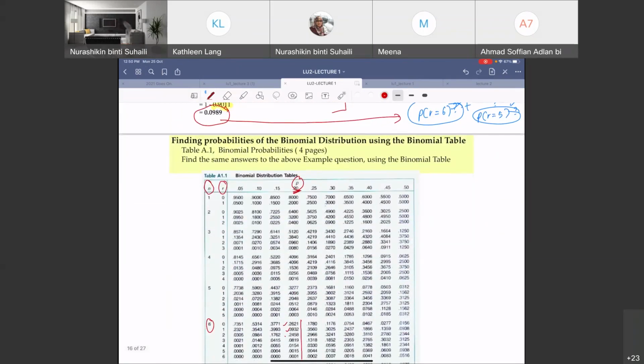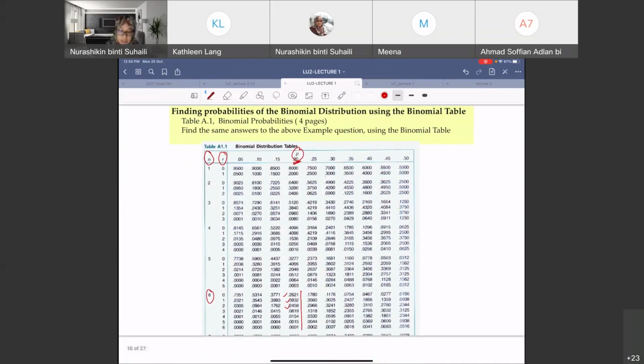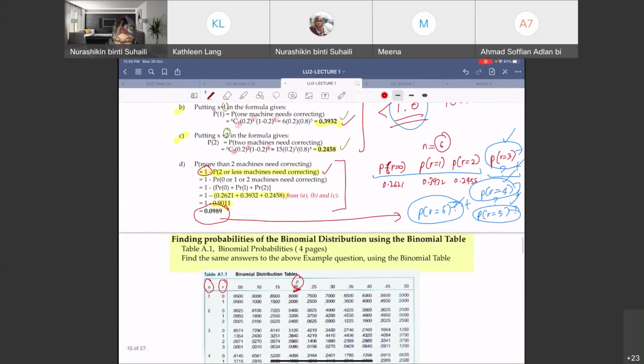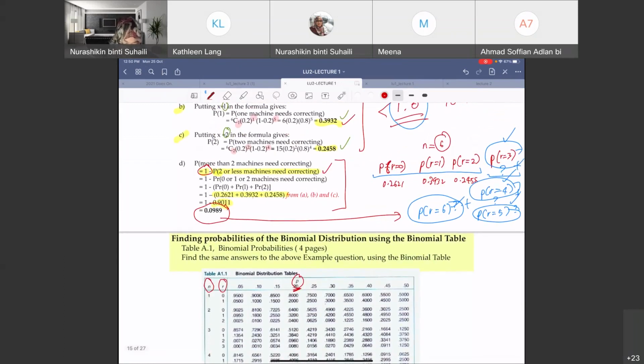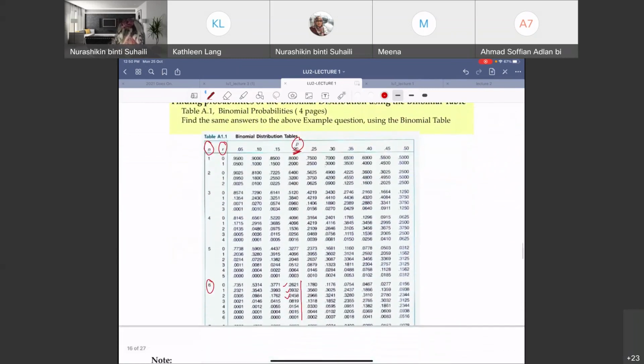And the third one is 0.2458. Okay, so let's say just now, if you do not want to use this formula, you want to solve R3, R4, R5, R6, you can use the values given here actually. This one, this one, this one, and this one.